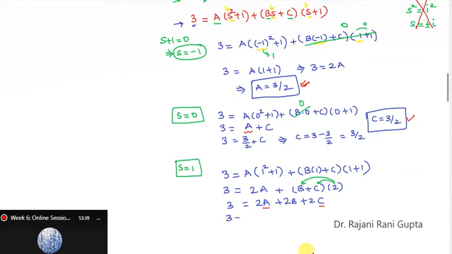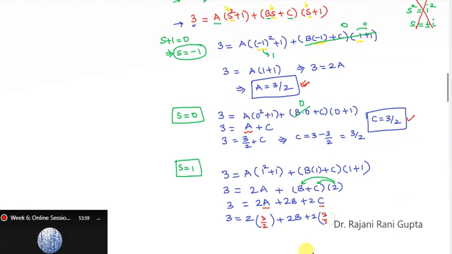3 equal 2 times a is 3 over 2 plus 2b, 2 times c is again 3 over 2.